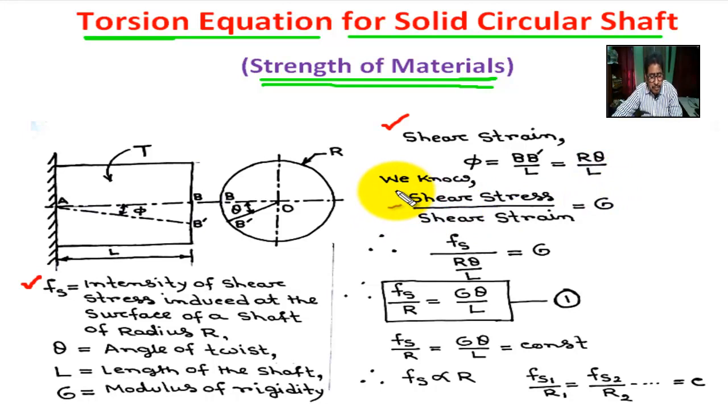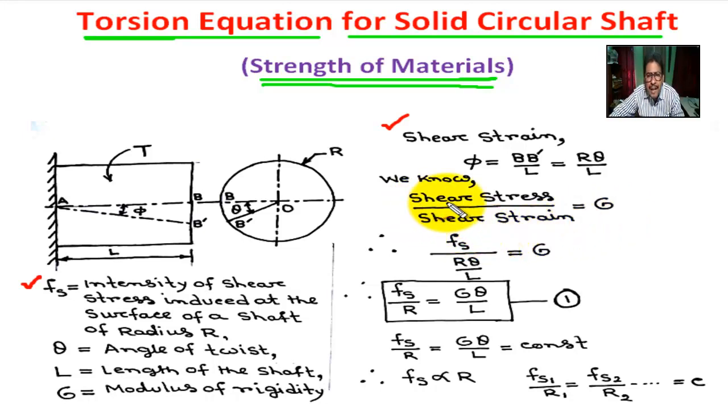Again, from Hooke's law, we know shear stress by shear strain equals G, where G is the modulus of rigidity.